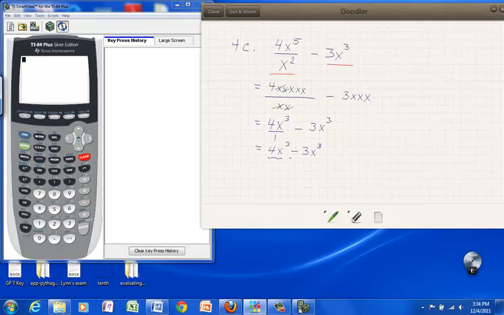And you'll notice that these are like terms. So if I have 4x to the 3rd and I subtract 3x to the 3rd, I end up with 1x to the 3rd. When we're simplifying, we usually don't write that 1. I'm going to verify this, but I do want to point something out, and that is that if you had stopped here, this expression would check because all of these expressions are equal.